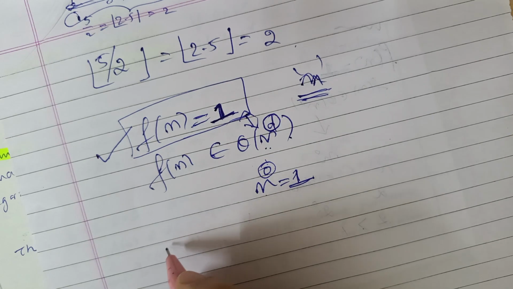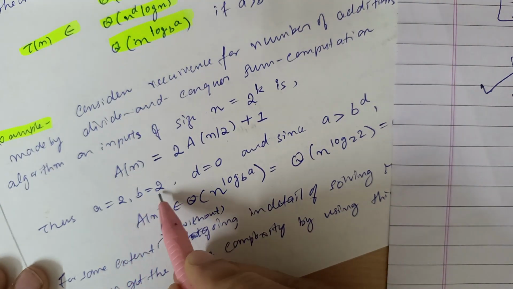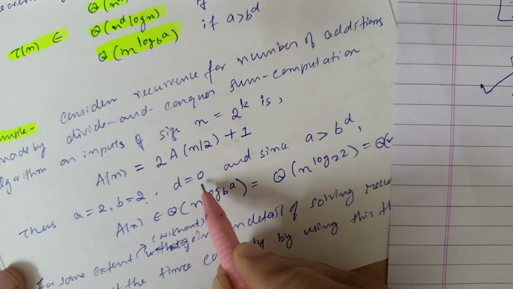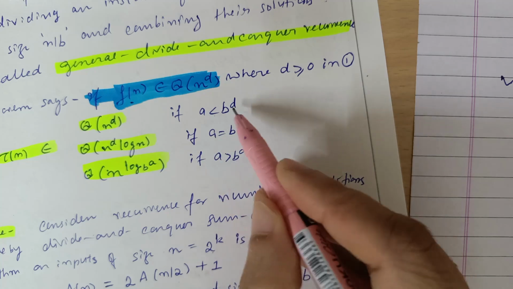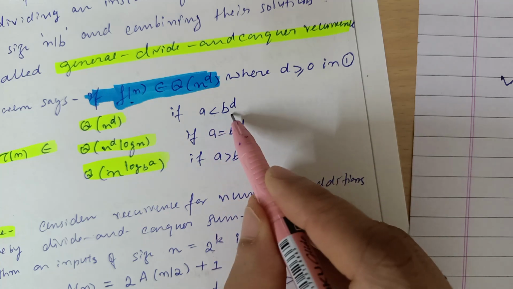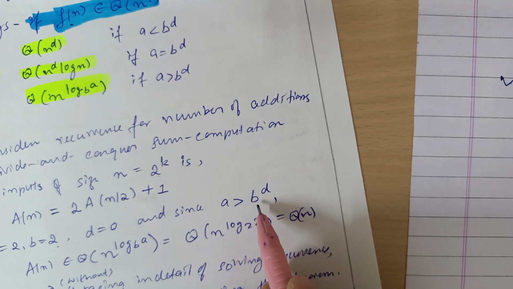So a is 2, b is 2, and d is 0. Applying these a, b and d values, we find that a is greater than b to the power d: a is 2, 2 to the power 0 is 1, and 2 is greater than 1.